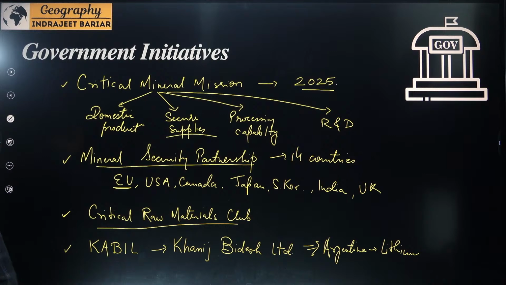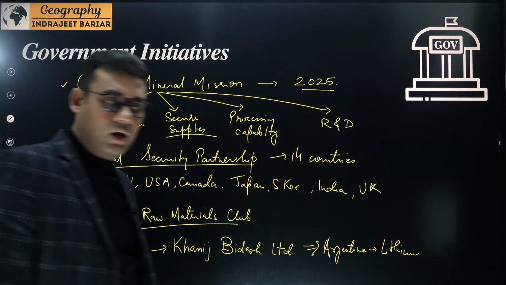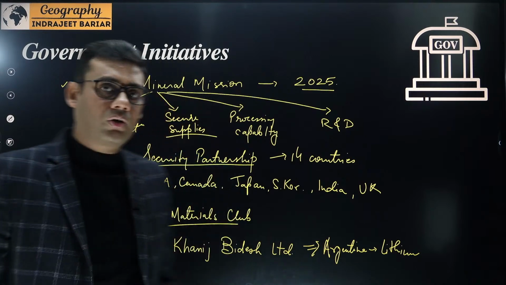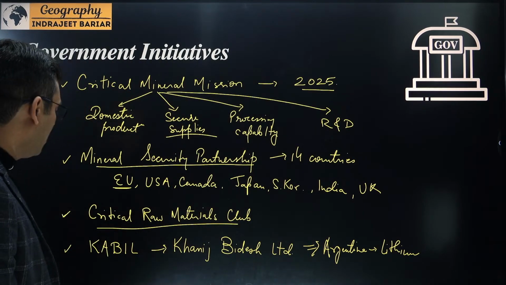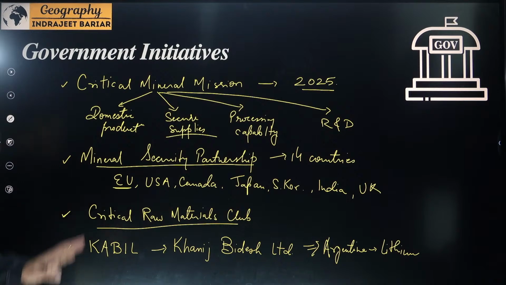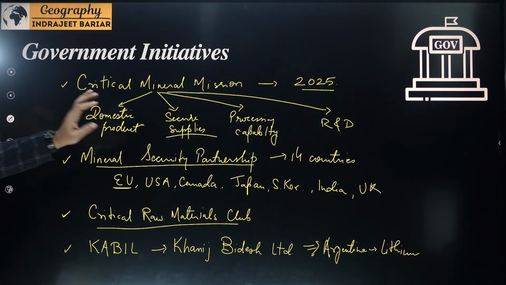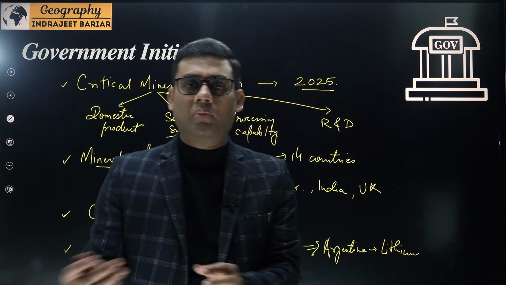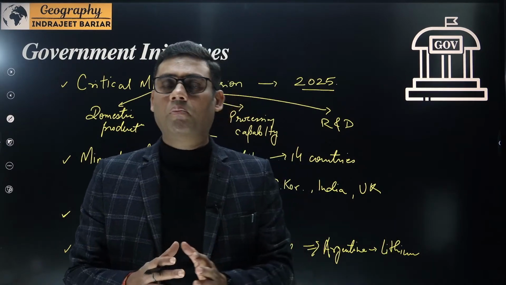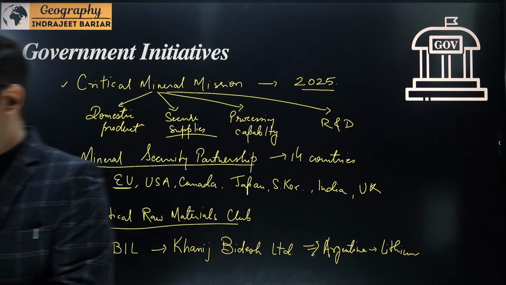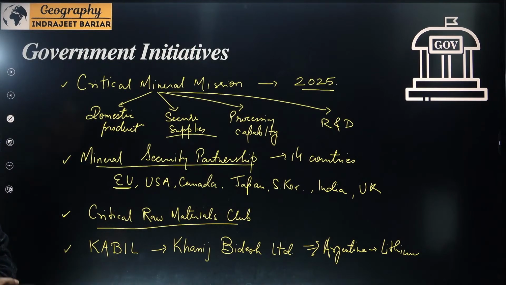In other cases, we are now in talks with countries like Australia and Chile for the exploration of minerals. So this is KABIL, and these are different government initiatives with respect to critical minerals, or overall mineral exploration and mineral sufficiency in the case of India.